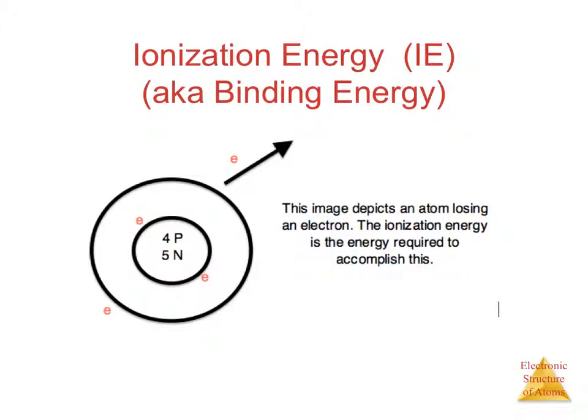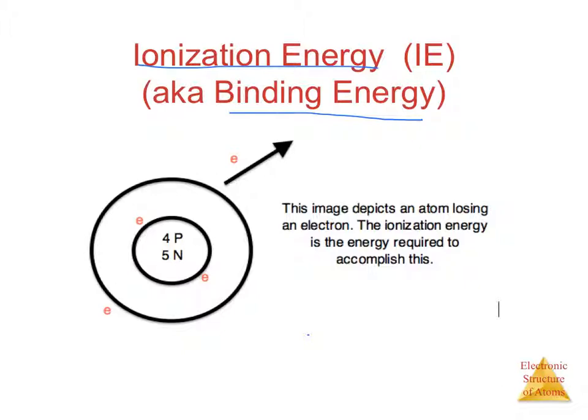When we're talking about energy, what kind of energy are we talking about? Well, we're really talking about ionization energy, which is also sometimes called binding energy. It's the energy with which this electron is attracted to the nucleus. The actual definition of ionization energy is the energy required to remove an electron, right?